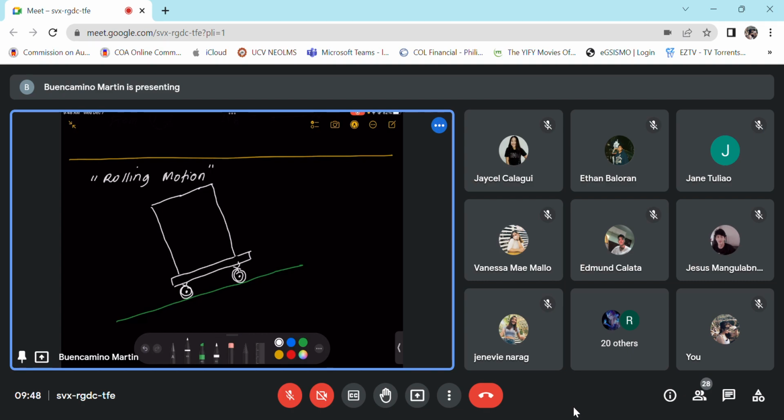And, nandito yung center of gravity niya. Okay. Ito yung kanyang G. Lalagyan din natin ng mga dimension.